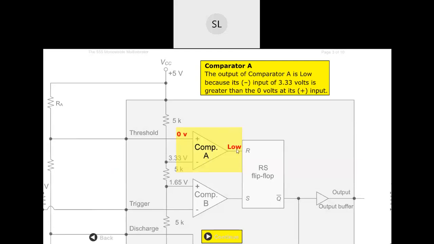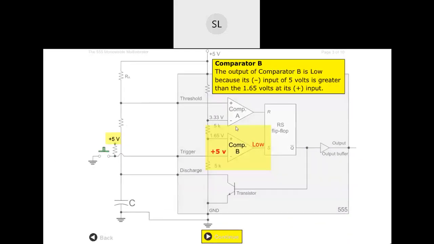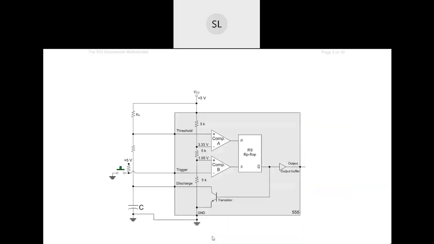Okay, and once it is low, along with that the output of lower comparator is also low. The output Q bar is high and the timer output is also low.